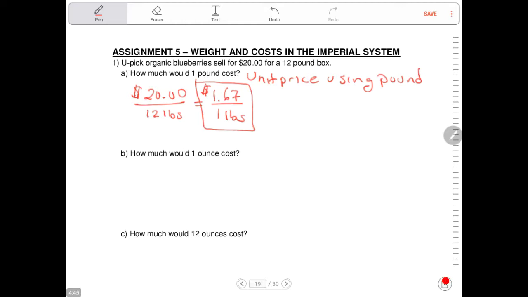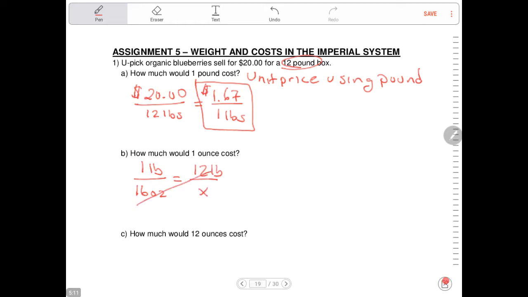Well, what would you do? I mean, they gave us a value in pounds. Now they want ounces. Well, we have to switch the pounds to ounces. So please remember, we know that 1 pound is 16 ounces. Well, we have 12 pounds. So should that go on the top or the bottom? As with everything else, you have to match, so it should be 12 pounds.